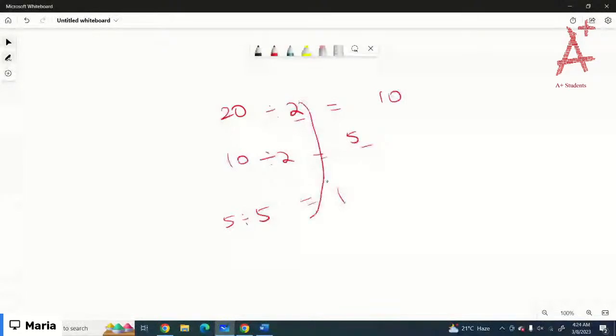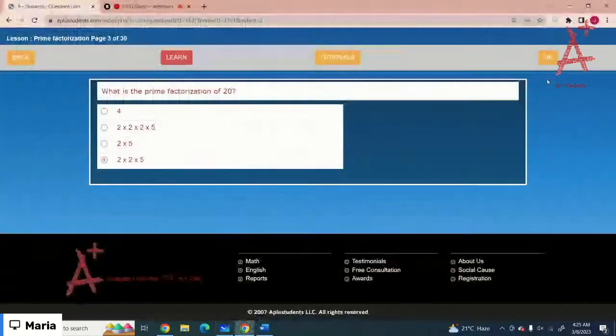So the numbers that you divided by are 2, 2 and 5, and that is the prime factorization of 20. Just select the correct option and click on the OK button.